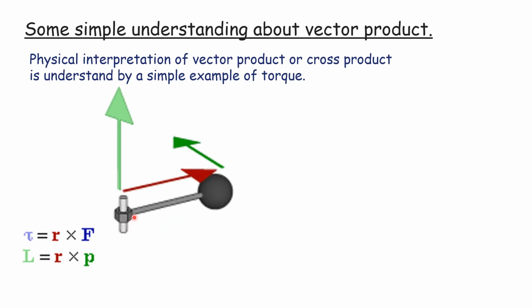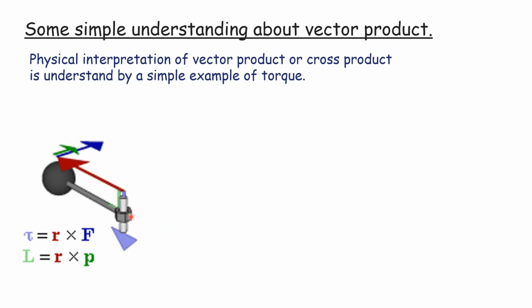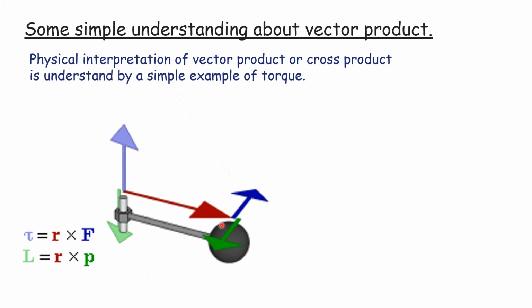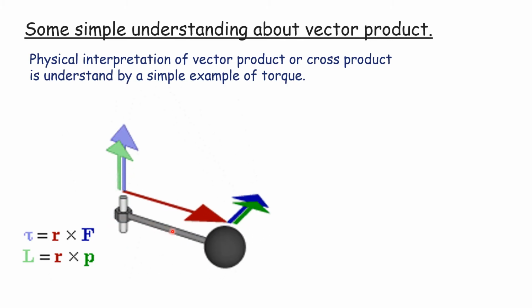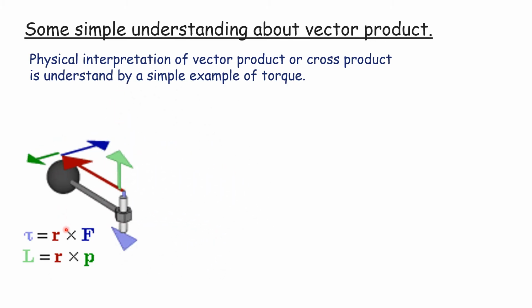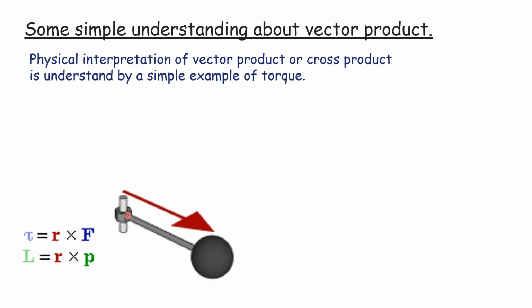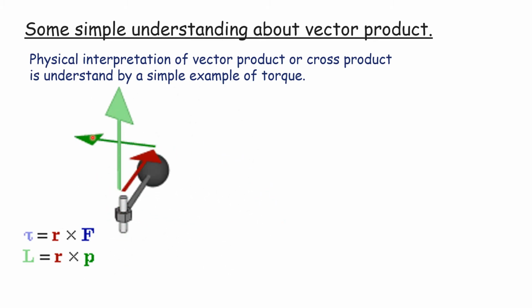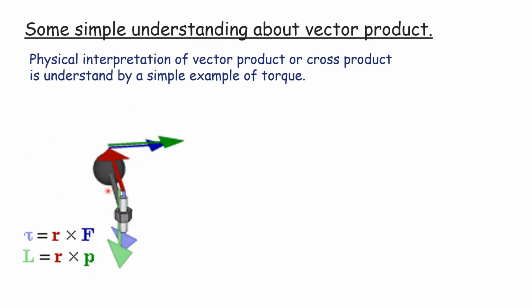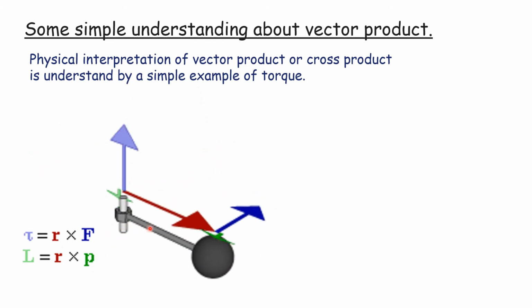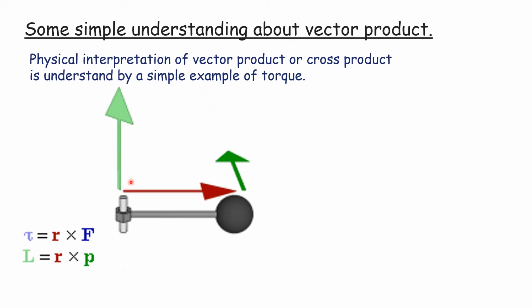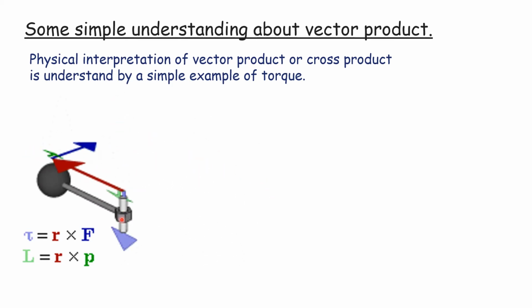So here we take an example of a simple nut bolt which is attached to some handle. Now if we rotate this handle in the anti-clockwise direction like this, then this nut bolt goes upward, as we know.